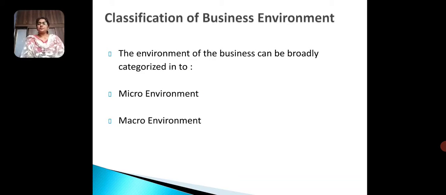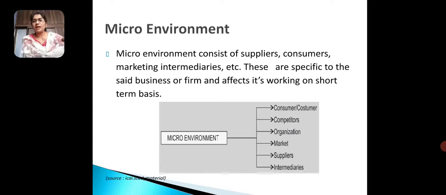Now let's see, if I classify the business environment, what is business environment? It's the surrounding of the business which has an influence on the organization. So I can broadly divide it into micro environment and macro environment. What is micro? The name itself indicates, it is on a smaller platform, at one unit level.